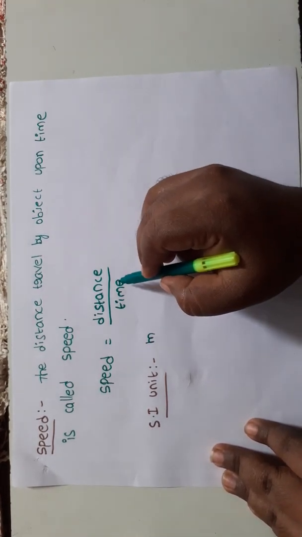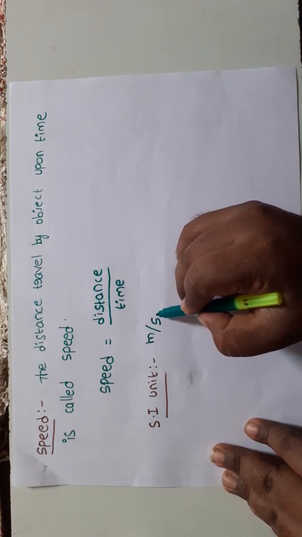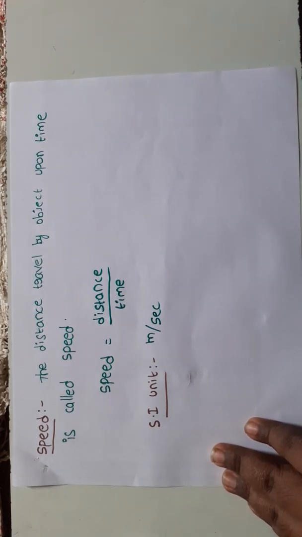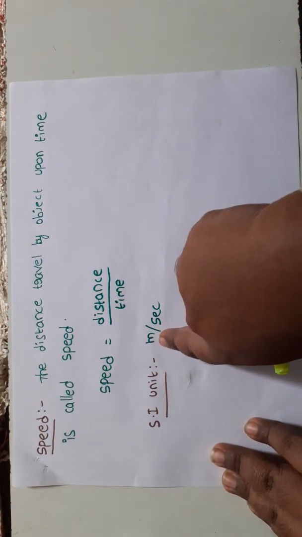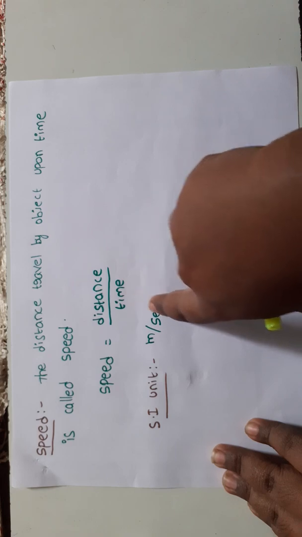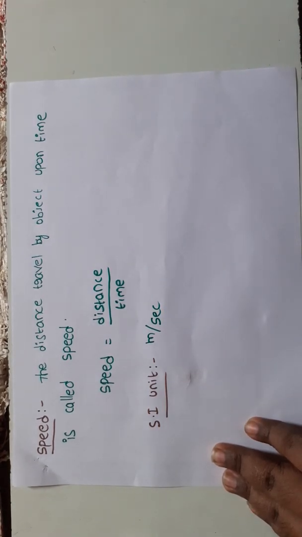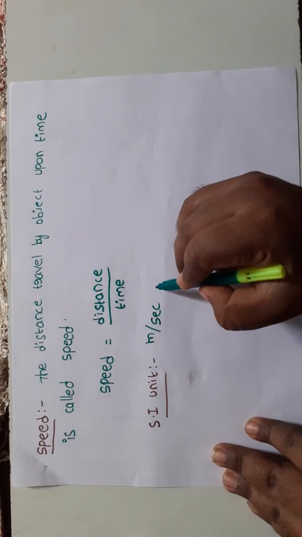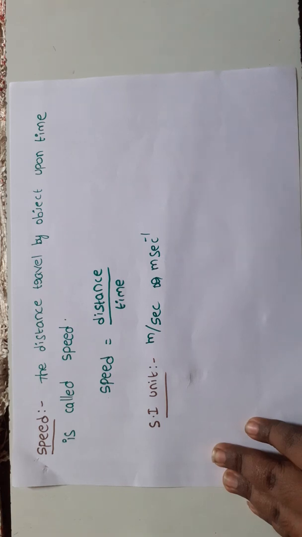What is the SI unit of time? Second. Distance SI unit is meter, time SI unit is second. So the SI unit of speed is meter per second, or meter second inverse.